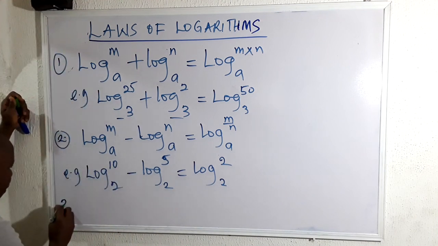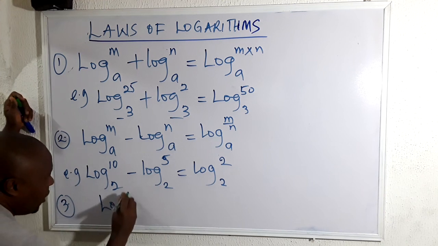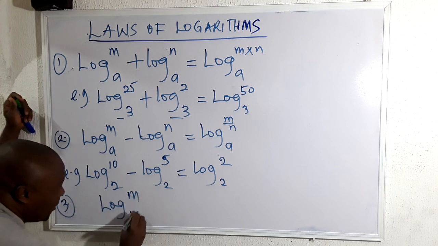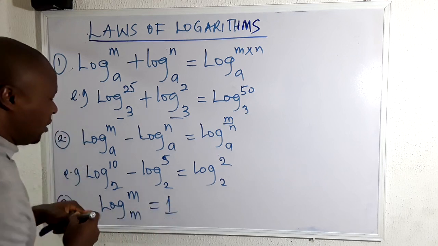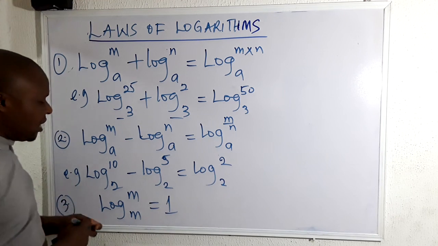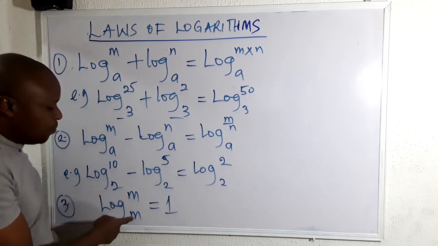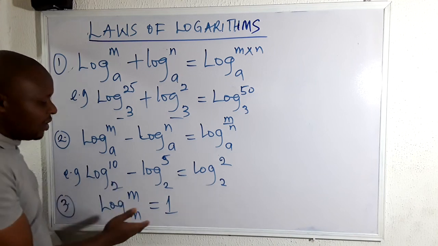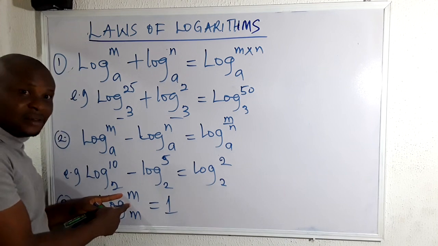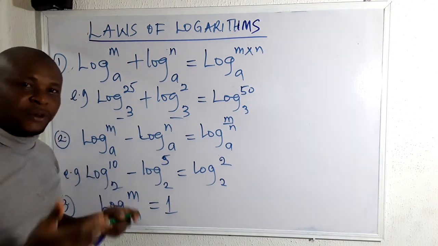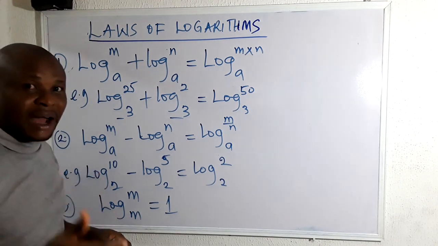Now, the third law says log m to base m is equal to 1. That means whenever the number of a log and the base is the same, the answer will be 1. Alternatively, you can look at this as, the logarithm of a number is the power to which the base must be raised to get back the number.